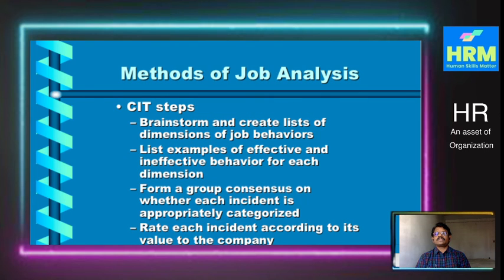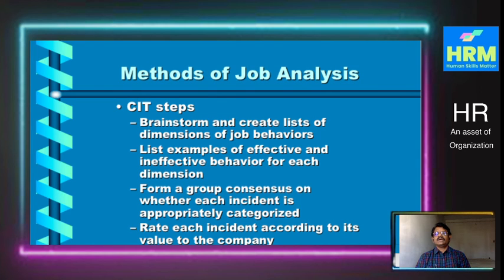The four CIT steps are: brainstorm and create a list of dimensions of the job behavior; list examples of effective and ineffective behavior for each dimension; form a group consensus on whether each incident is appropriately categorized; and finally, rate each incident according to its value to the company.